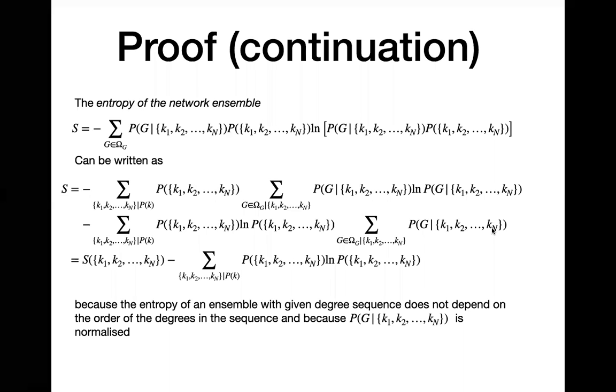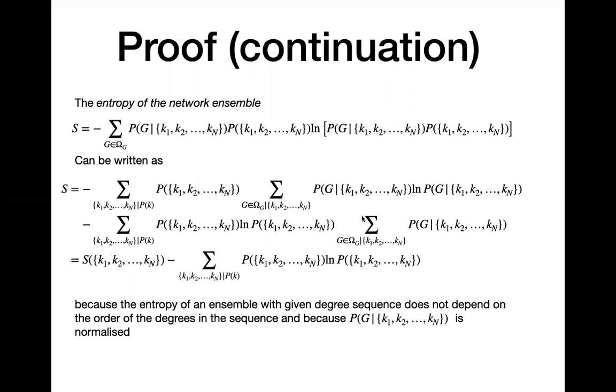So this is straightforward. Here is the logarithm of the first part, here is the logarithm of the second part, and here I divided the sum over the degree sequences conditioned on the degree distribution and the sum over all the graphs conditioned on the degree sequence.